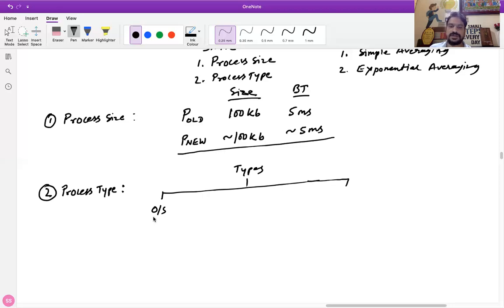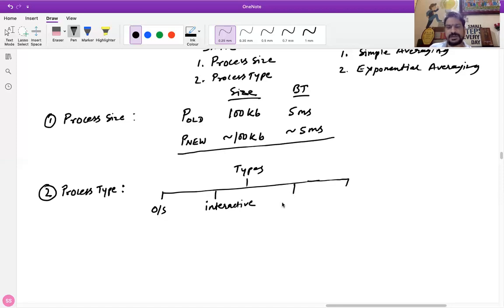It comes under the OS category. The second category of process is interactive. What do we mean by an interactive process? Let's say a gaming process, which is interacting with the user to take input all the time. These types of processes come under interactive processes.